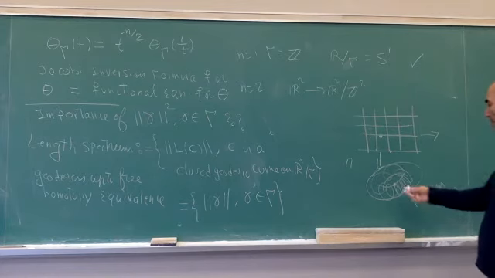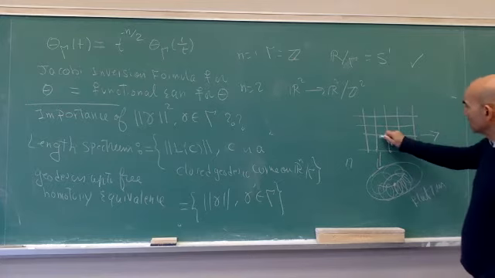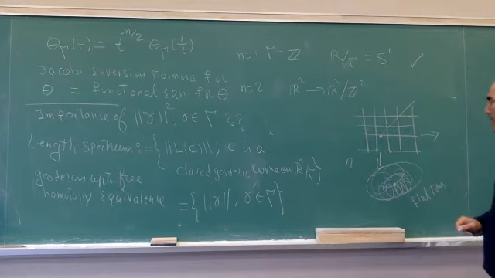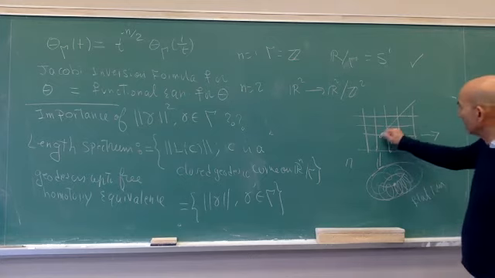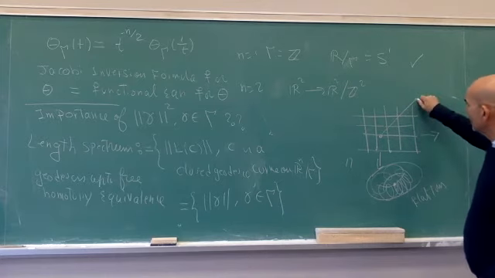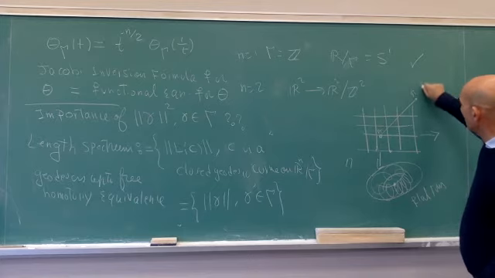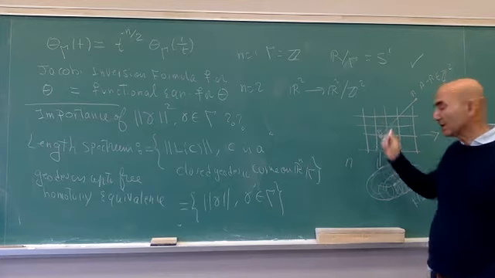When you lift it, because this is a flat torus, it is going to be lifted into a straight line. And because it's closed, the difference between this point A and that point B, A minus B, is a point in Z2.